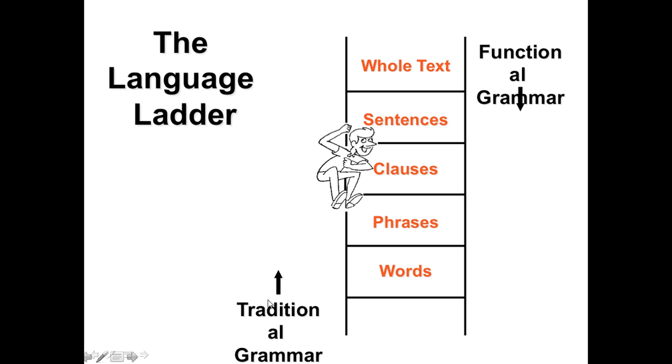On the left-hand side, there's traditional grammar with an arrow that points up. This means that traditional grammar, unlike functional grammar, typically works from the bottom up. That is, it usually starts from the lowest levels and sees how they assemble to create larger units. So it works in exactly the opposite direction that functional grammar does.